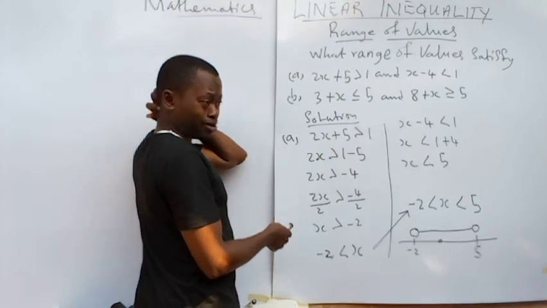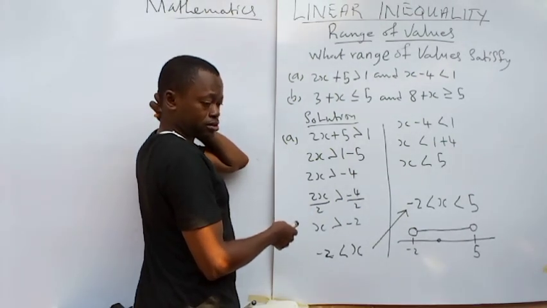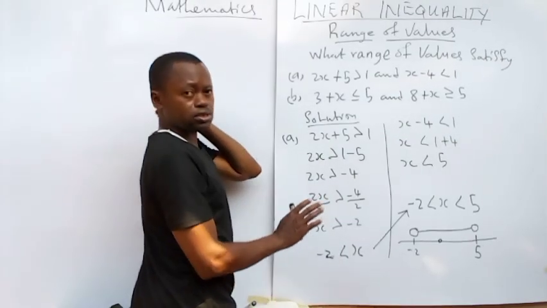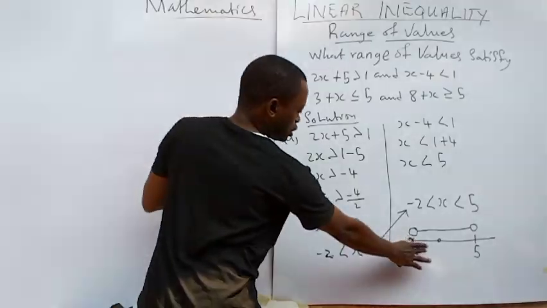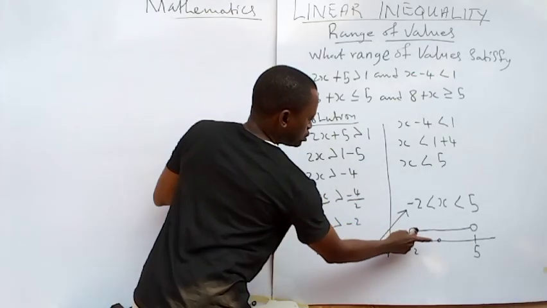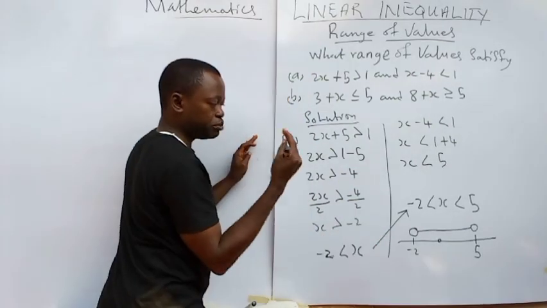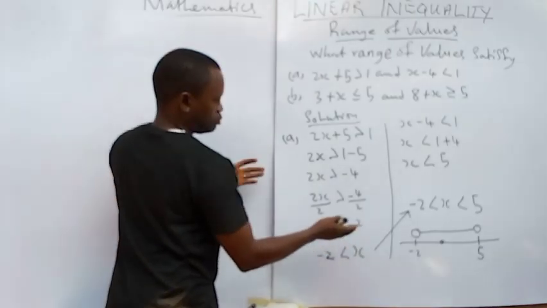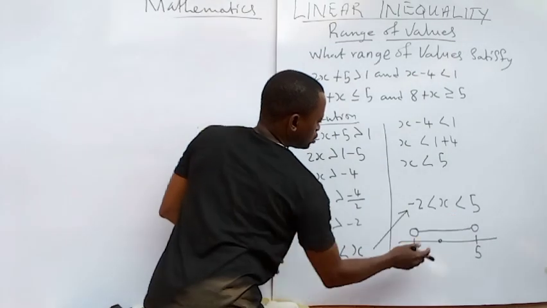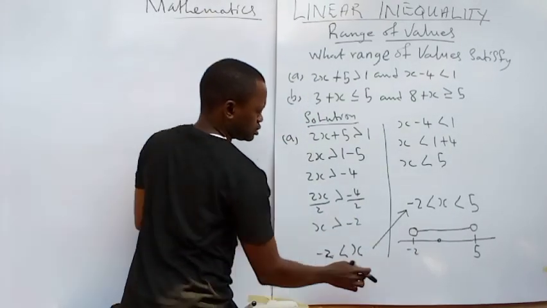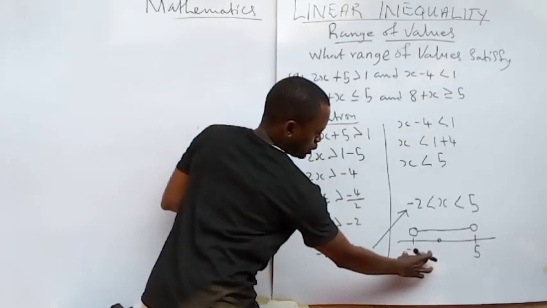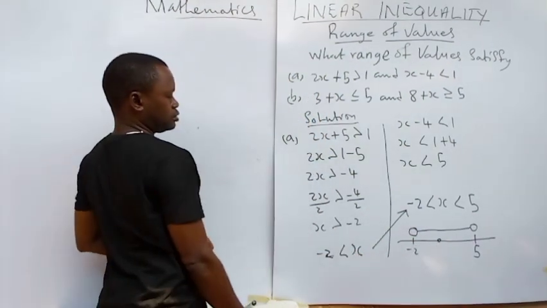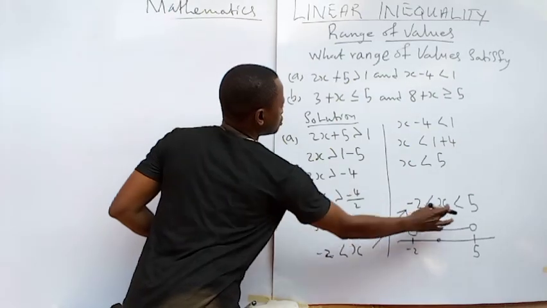So if you check out our introductory class, Introduction to Linear Inequality, I explained everything about the inequality symbols. So if you check on that class, you see the reason why, the meaning, the interpretation, or the implication of this being open and the implication of that being closed, shaded, is well explained in our introductory class. Now if you look here, you realize that this is the interval that satisfies this range.